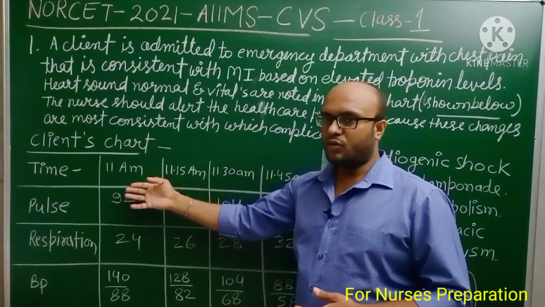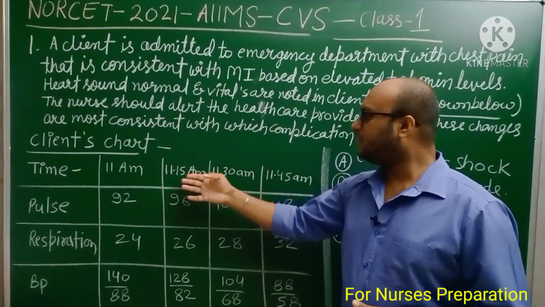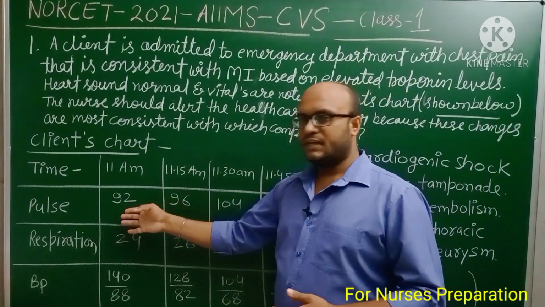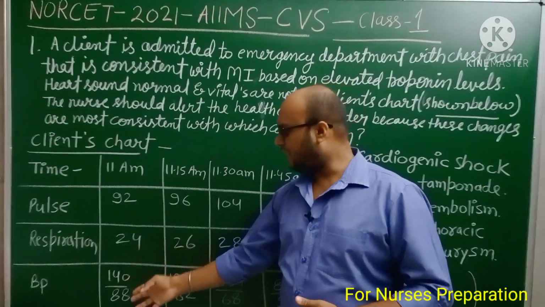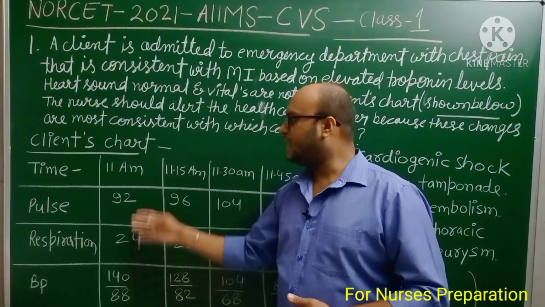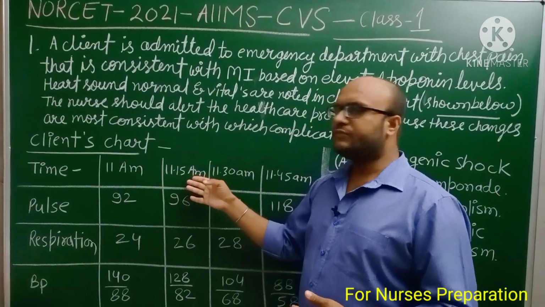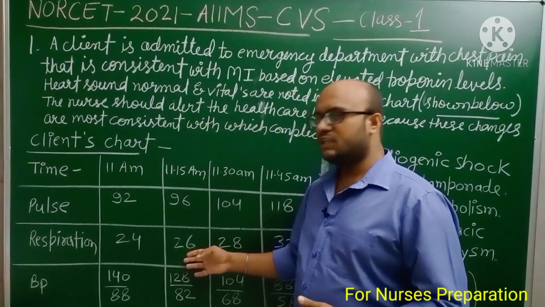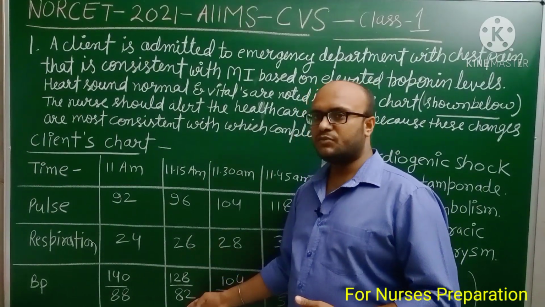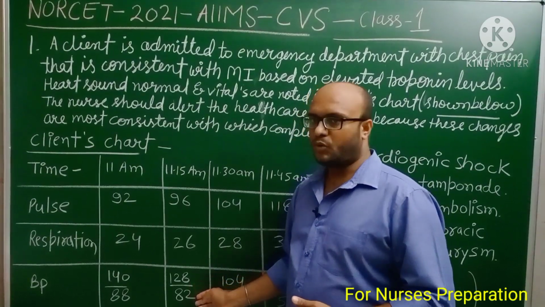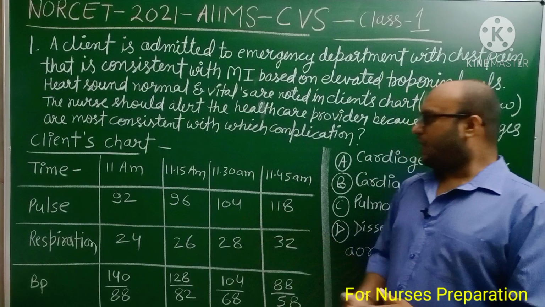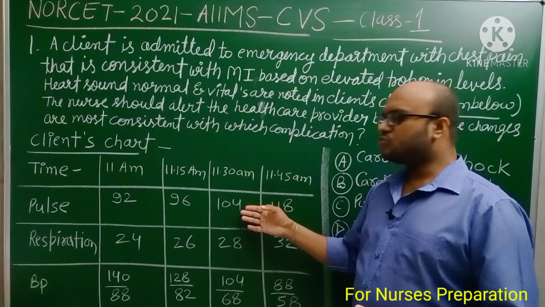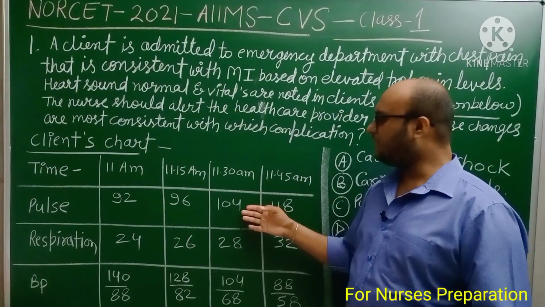Vitals are recorded four times, at 11 a.m., 11:15, 11:30 and 11:45. Pulse rate 92, respiration 24 and the BP was 140/88 at 11 am. After 15 minutes, pulse rate slightly increased to 96, respiration also increased to 26 and the blood pressure was reduced to 128/82 mmHg. At 11:30 am, the pulse rate increased further; the person is now having tachycardia.